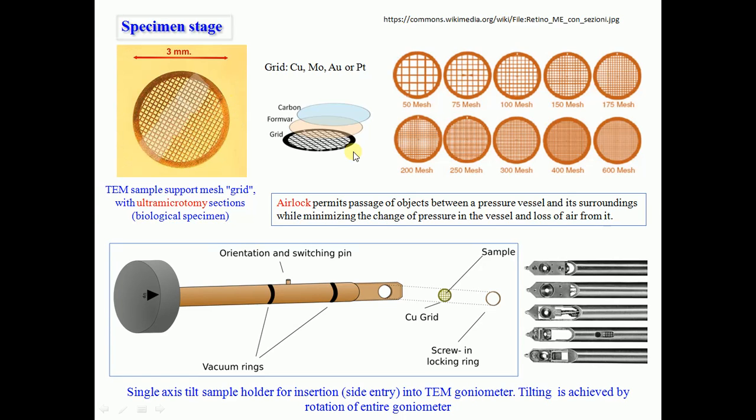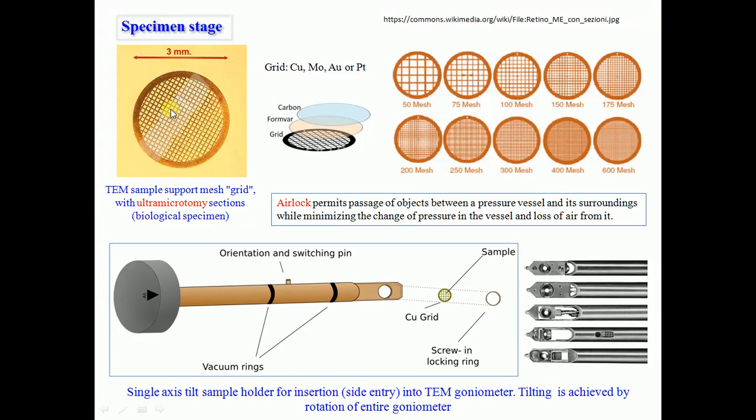Common materials used for preparing the grid are copper, molybdenum, gold, and platinum. Generally, these grid materials are covered with formvar or carbon, just to avoid reaction of the electrons with the grid material.